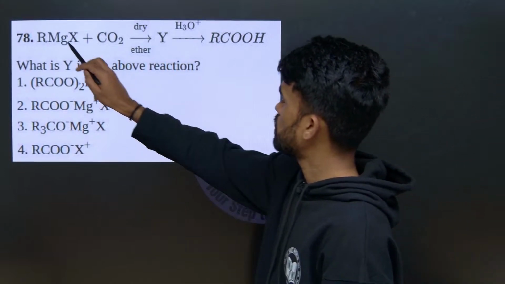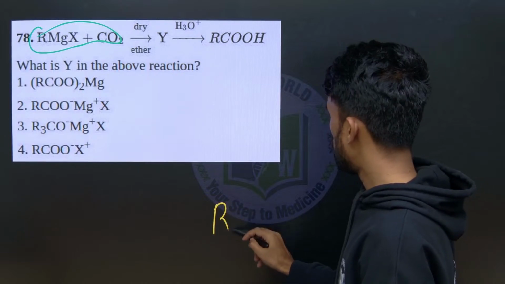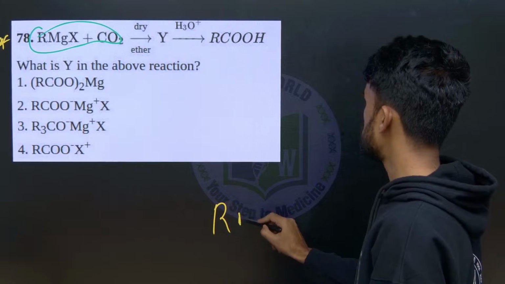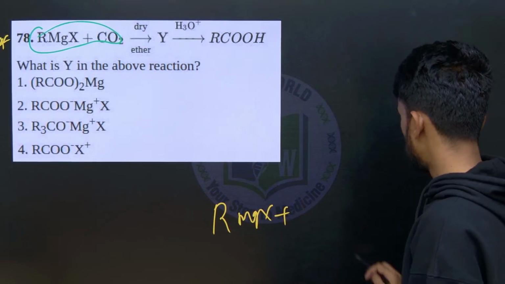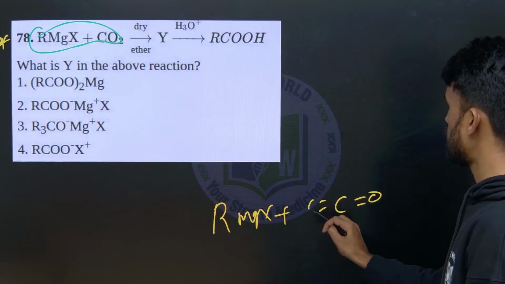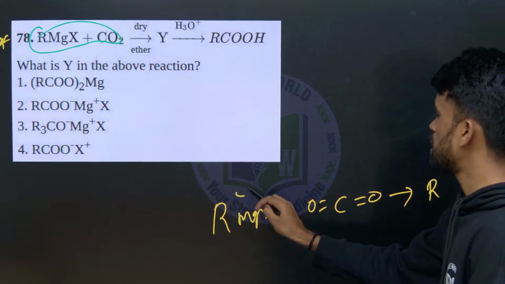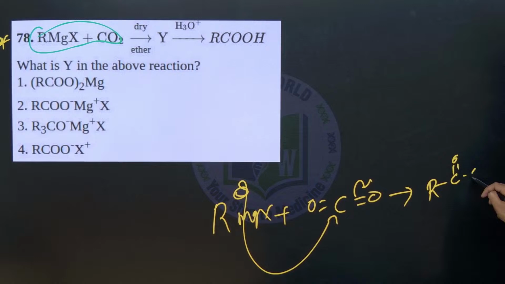Okay, so whenever we are adding RMgX to CO2, yes, this is very important. I will tell you 2 differences here. Whenever we are adding RMgX to CO2, we can write like this. So R minus will attack on this carbon and form the carboxylic acid salt, O minus MgX.